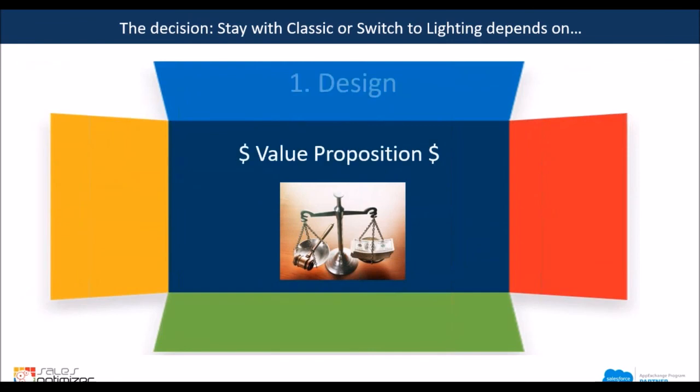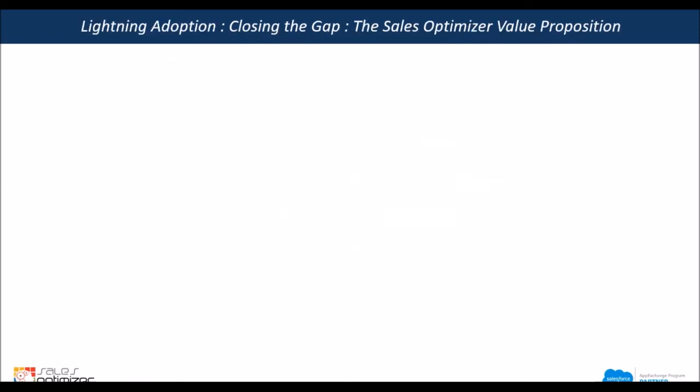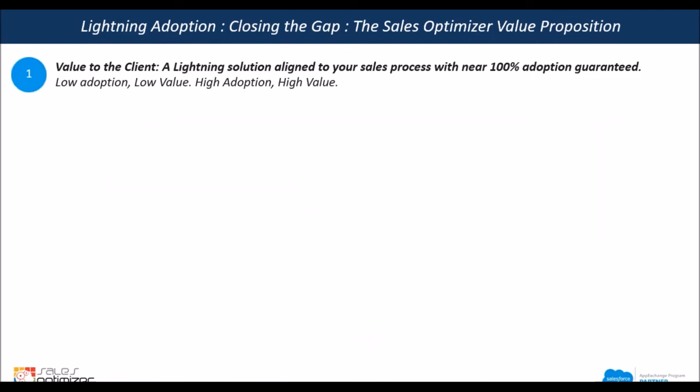The decision to stay with Classic or go to Lightning comes down to the value proposition. If the cost to stay outweighs the cost to move, then you'll make the decision. To help you make that decision, here's how we think about it. The value to a client is a Lightning solution that is aligned to your sales process with nearly 100% adoption guaranteed.